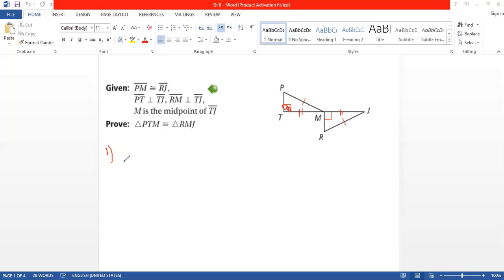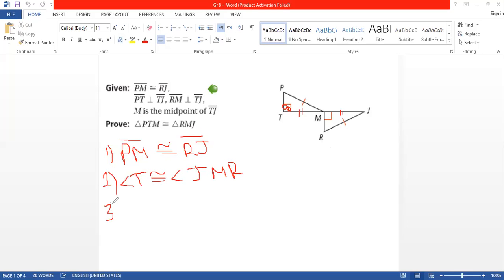Number one, we have BM congruent to RJ. Condition number two, we have angle T is congruent to angle JMR, both of them equal 90.